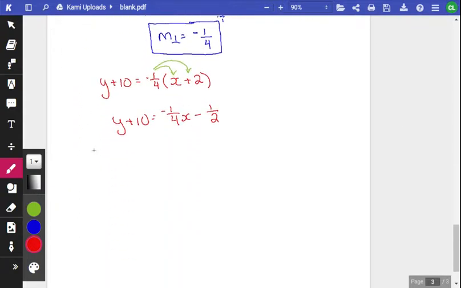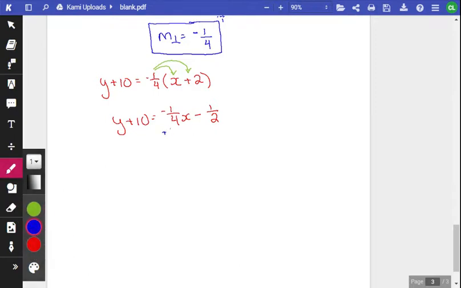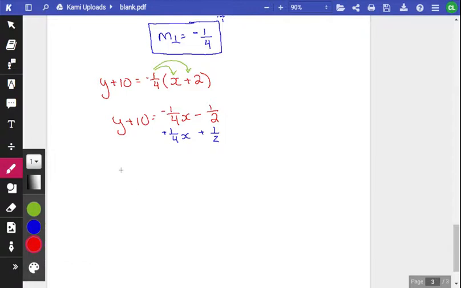So I'm going to move everything over to one side. So we're going to add 1/4 x to both sides, and we're going to add 1/2 to both sides. So that is going to give us, I'm going to put the x first because that's the way the equation was written, a positive a quarter x plus y plus 10 plus a half is 10 and a half, or 21 over 2.